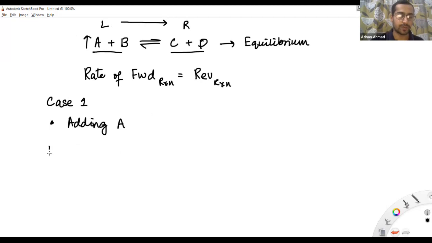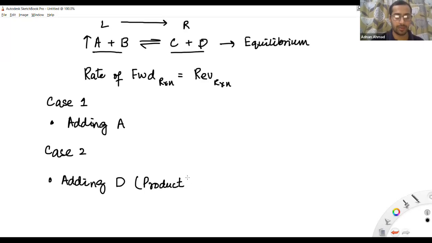Now we have case two. Now I increase the concentration of the product. Let's suppose I add D, which is a product. What will happen to the chemical reaction? In which direction will the reaction proceed? It will proceed in the reverse direction, the backward direction.